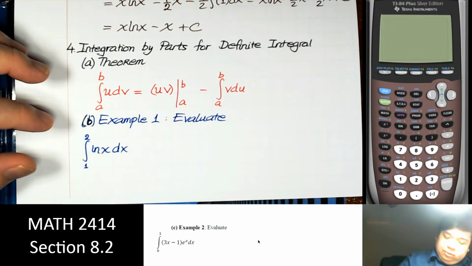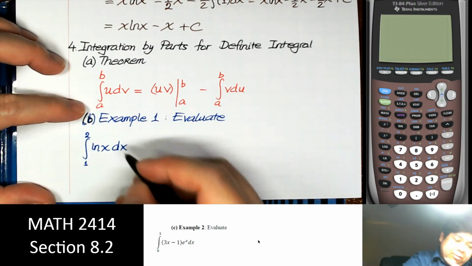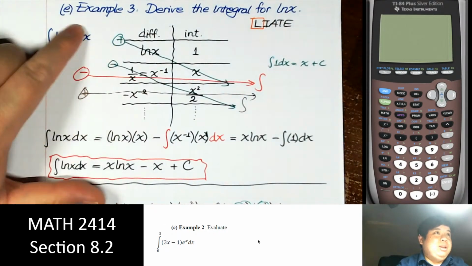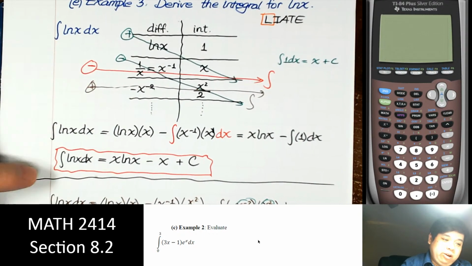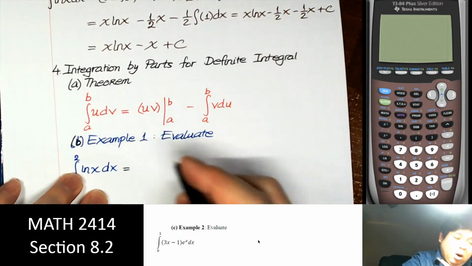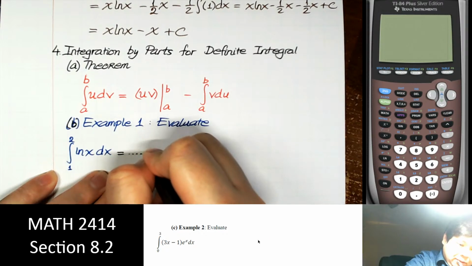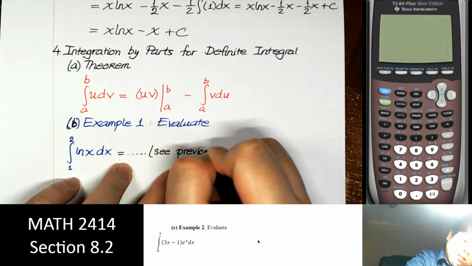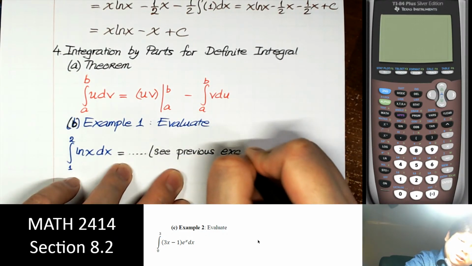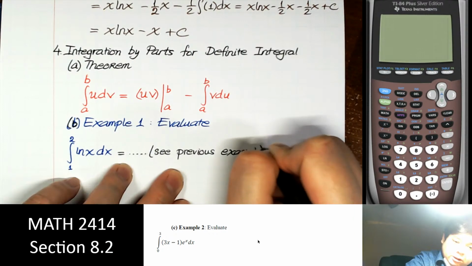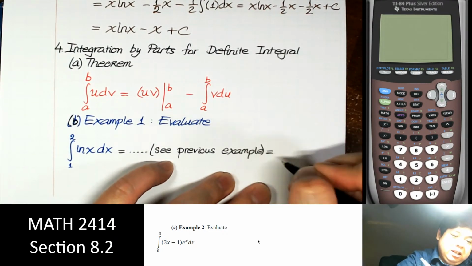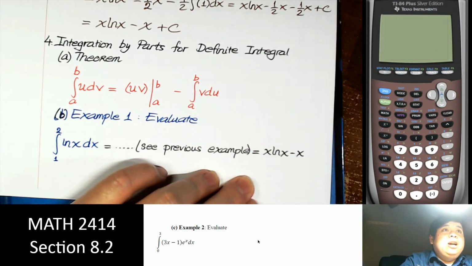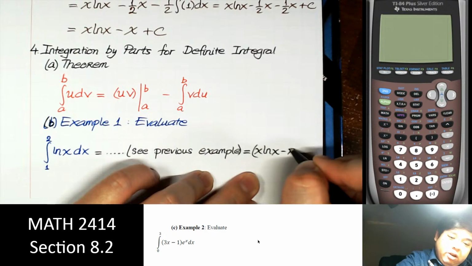Of course, we do exactly the same thing because we did the integral of ln of x. So all I say here is see previous example. What we have is equal to x ln of x minus x. But instead of plus c, we just evaluate from 1 to 2.